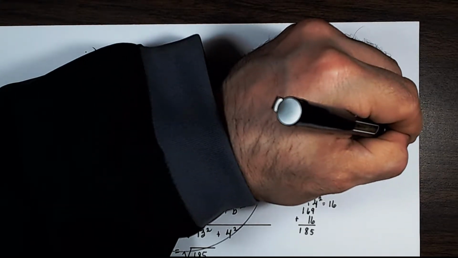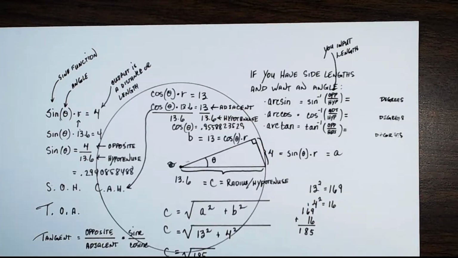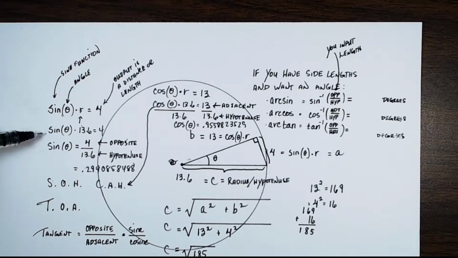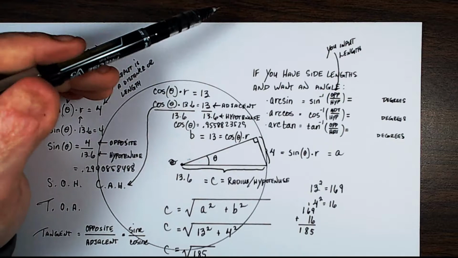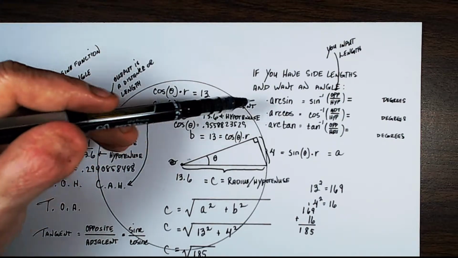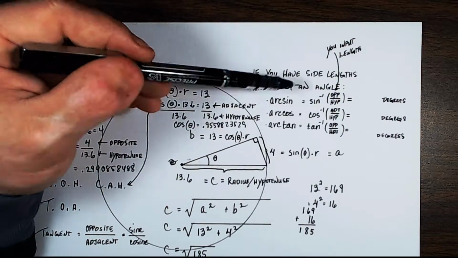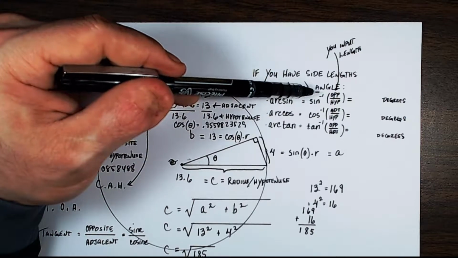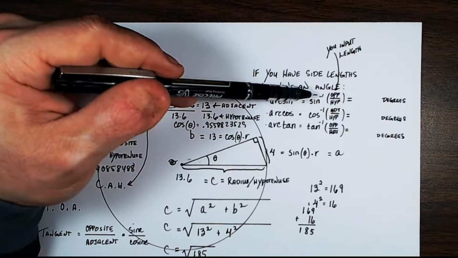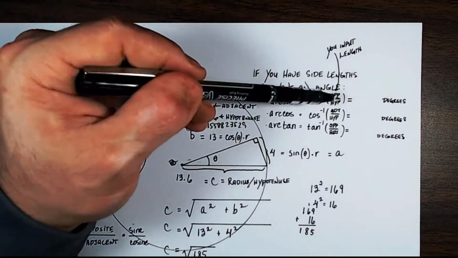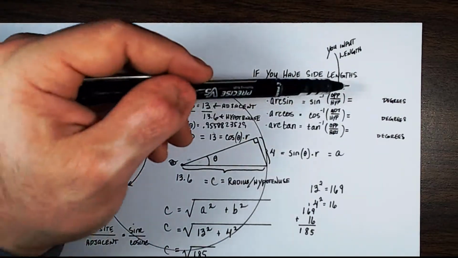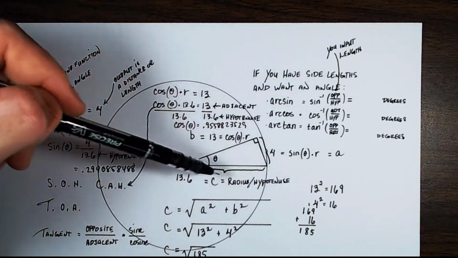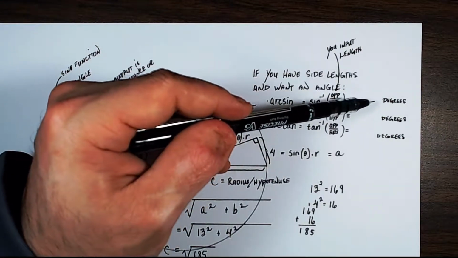That's kind of like the opposite of these functions over here. Sine, cosine, and tangent. Arc sine, arc cosine, and arc tangent. It's kind of, you know, two sides of the same coin. This one, the arc sine or sine raised to the -1 there, the inverse sine, is going to take in the opposite side and the hypotenuse side, the quotient of those two figures, and it's going to output an angle.